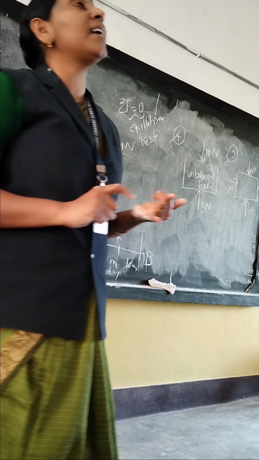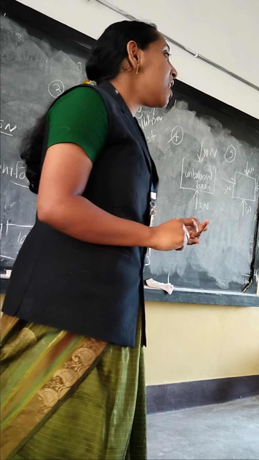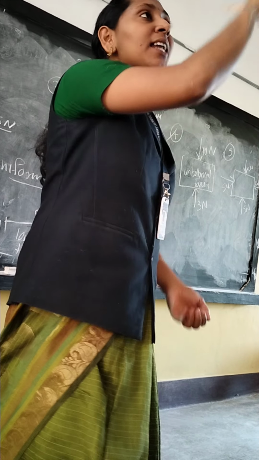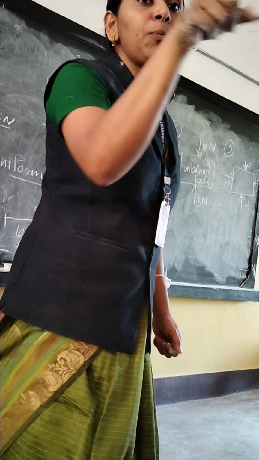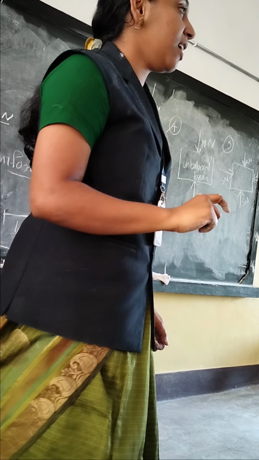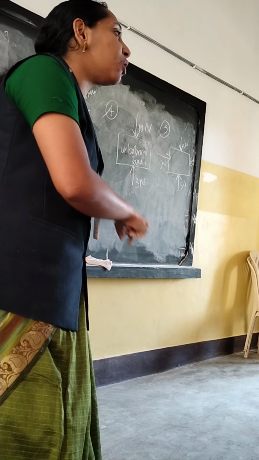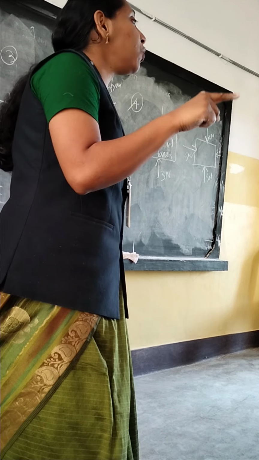Sometimes you remember the 9th chapter here, velocity time graph. Under the velocity time graph, what is the output? Acceleration. If the velocity time graph is uniform then acceleration is also uniform.